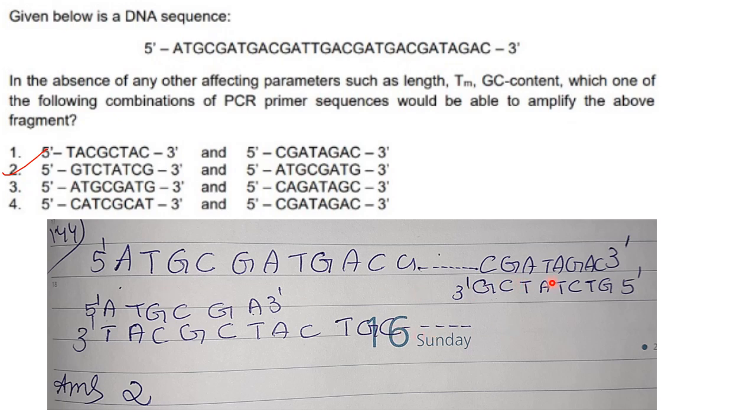So one primer will be over here. So that is G, T, C, T, A, T, C, G, 5 prime to 3 prime. If you see, option 2 matches: G, T, C, T, A, T, C, G. So that is one primer, and this one will be complementary to the second strand of the DNA, this primer.